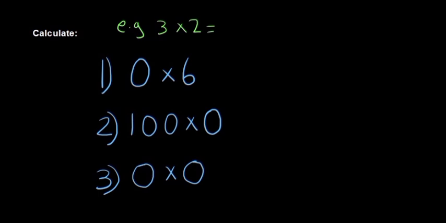So the thing is, multiplication is repeated addition. So 3 multiplied by 2 is the same as 3 added to a 3, which is a 6. So we're going to use the same idea to answer these questions.